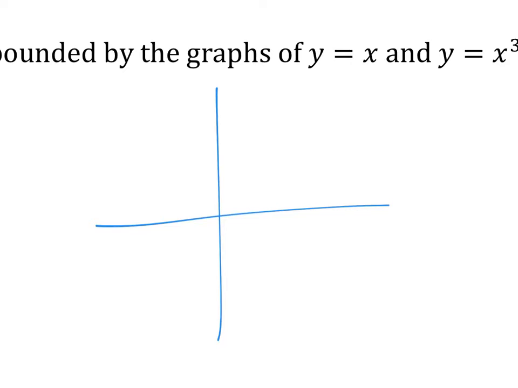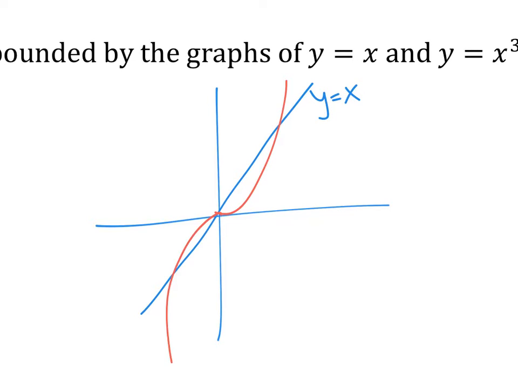All right, y equals x. Easy. What about y equals x cubed? How does that look? Like this, right? Okay, so that is going to look like this. So where do they intersect? Well, 1 and negative 1, and they switch direction, right?